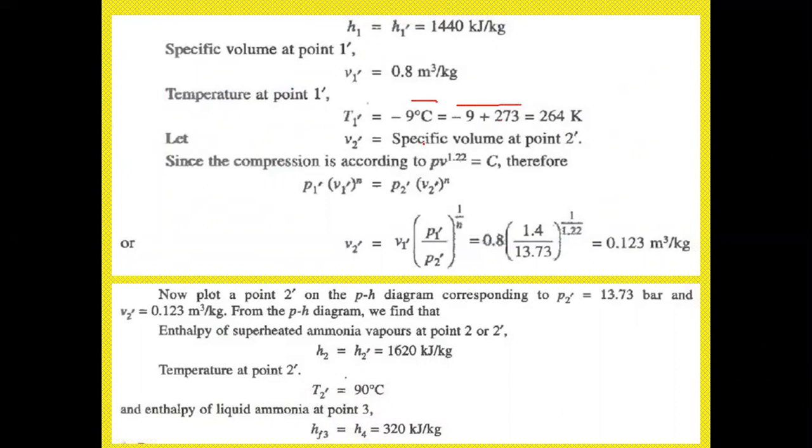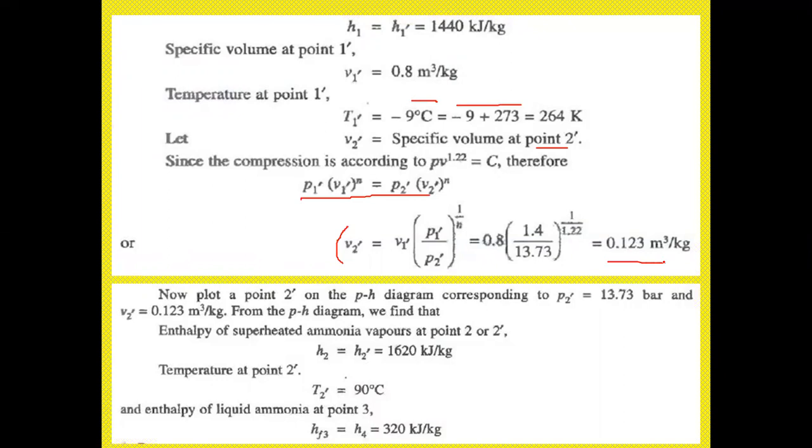V2 is the specific volume at point 2. Therefore, by using the normal formula P1 V1 is equal to P2 V2, we require V2 dash, that is equal to V1 times P1 dash by P2 dash to the power of 1 by n. Applying the values, we get V2 dash is equal to 0.123.